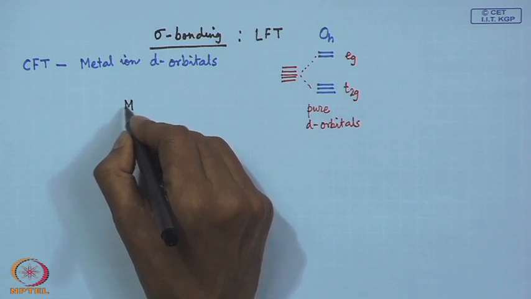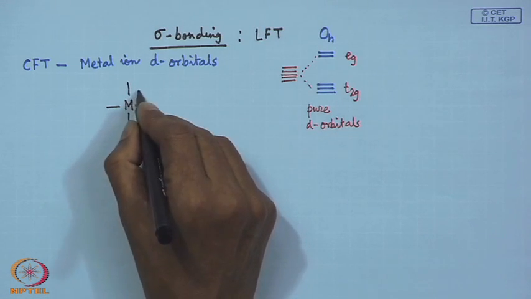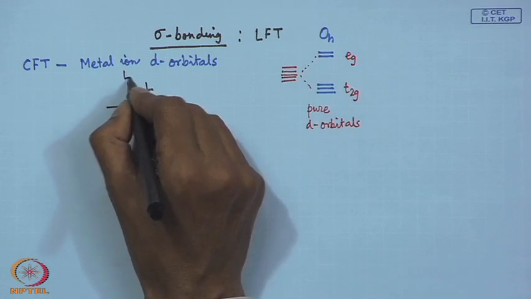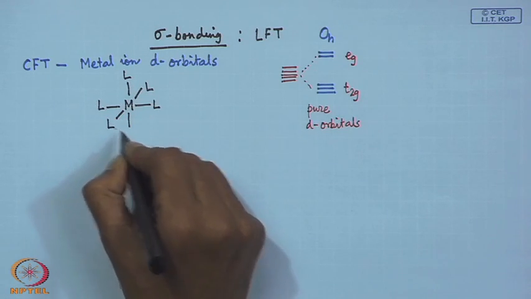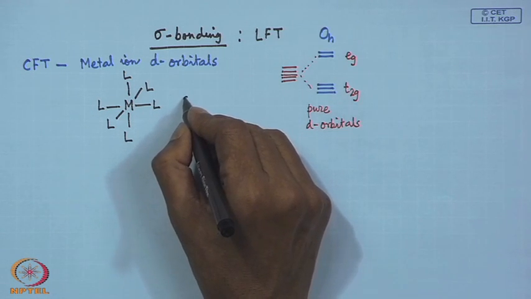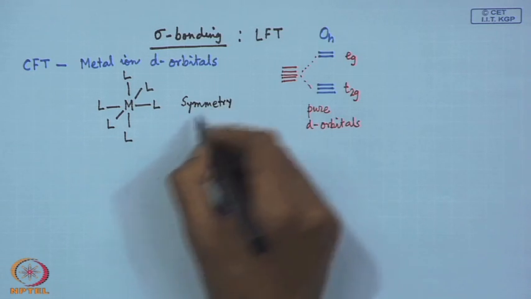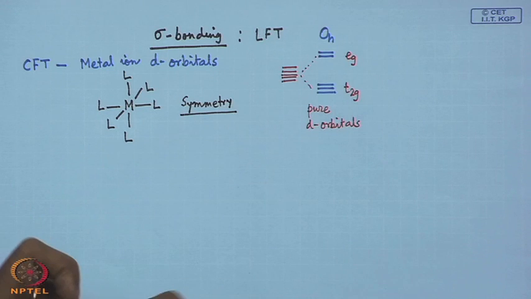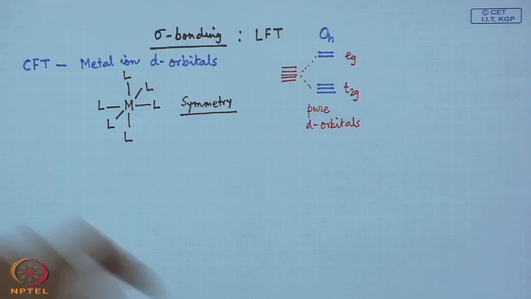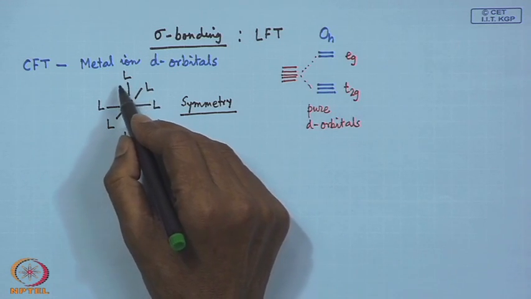So if we have one central metal ion interacting with the 6 ligands in octahedral geometry, we have a spherically symmetric geometry. So the symmetrical arrangement of the different ligands comes into the picture, and how they are surrounding the metal ion.